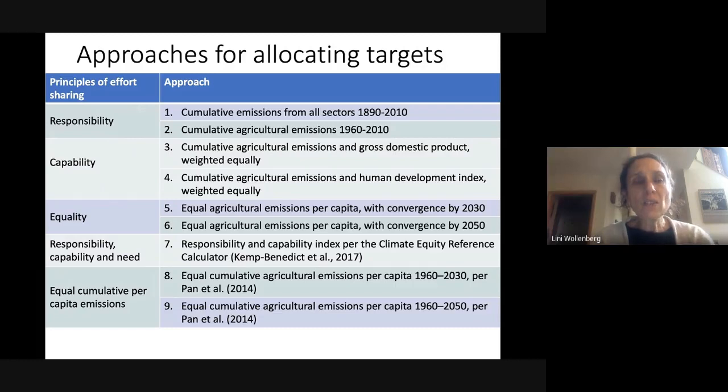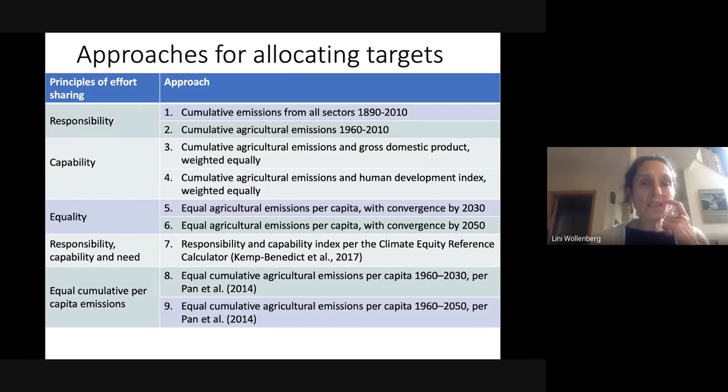The second is to look at the capability of the country. Maybe we should allocate that emissions based on whether you're a wealthy country or not wealthy country, according to your gross domestic product, or maybe according to your HDI, your Human Development Index.